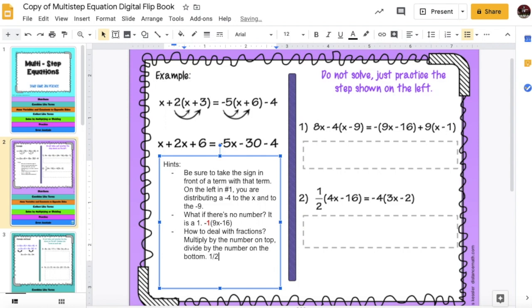So 1/2 times negative 16 is 1 times negative 16 divided by 2. 1 times negative 16 is negative 16, divided by 2 equals negative 8.